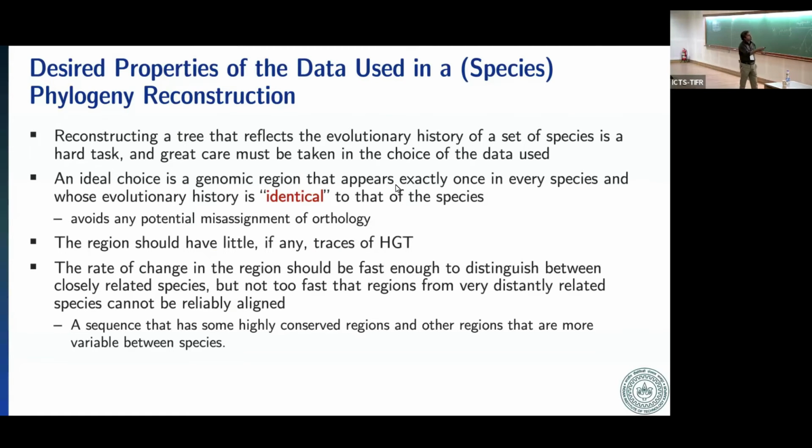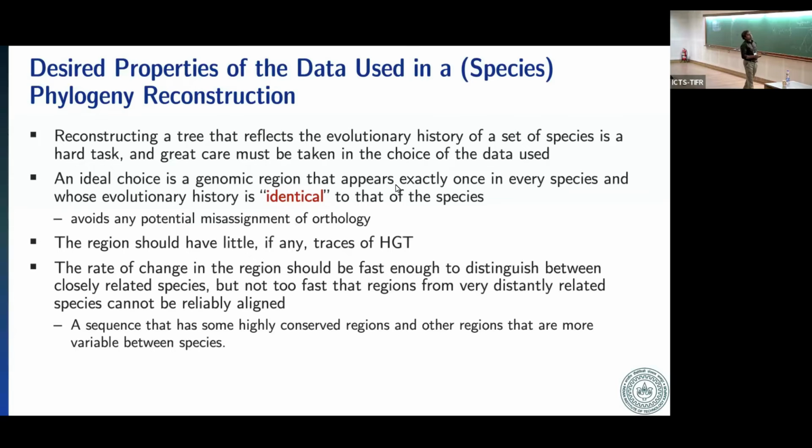And then this particular property is very important: the rate of change in the region from which we have taken the data should be fast enough to distinguish between closely related species, but not so fast that regions from very distantly related species cannot be reliably aligned. What do I really mean by that?